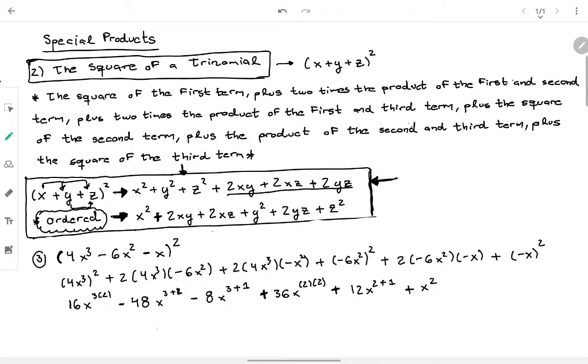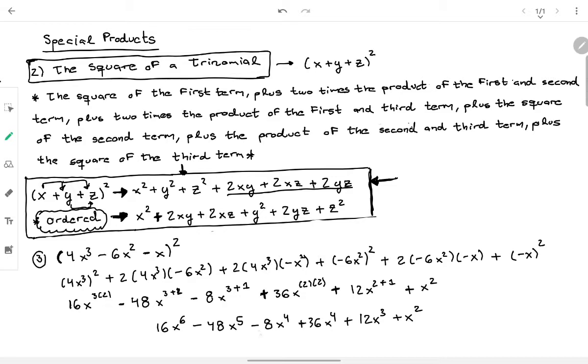So our final answer is going to be 16x to the 6 minus 48x to the 5th minus 8x to the 4th plus 36x to the 4th plus 12x to the 3rd plus x squared.